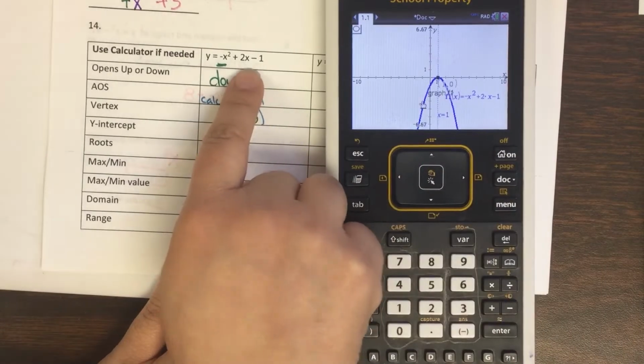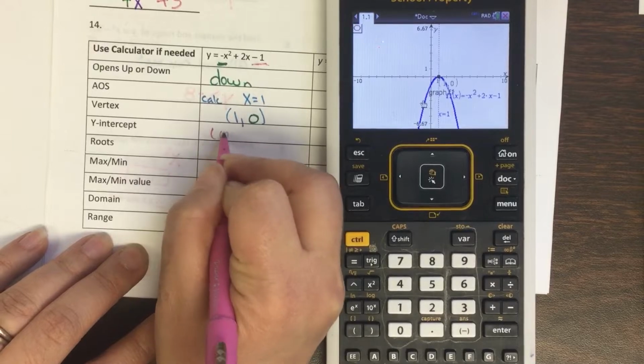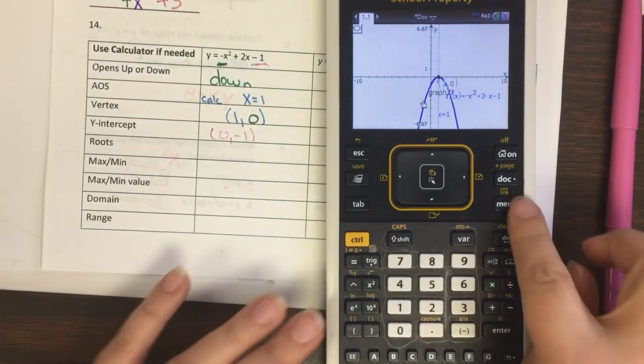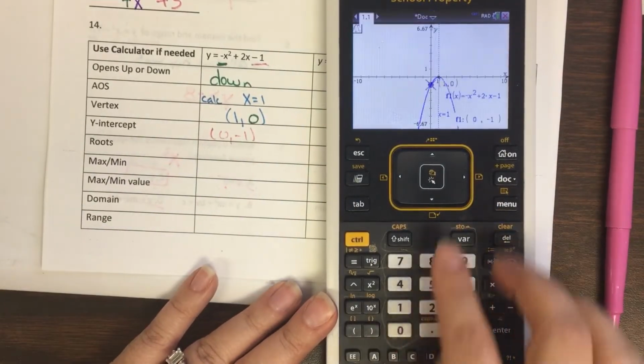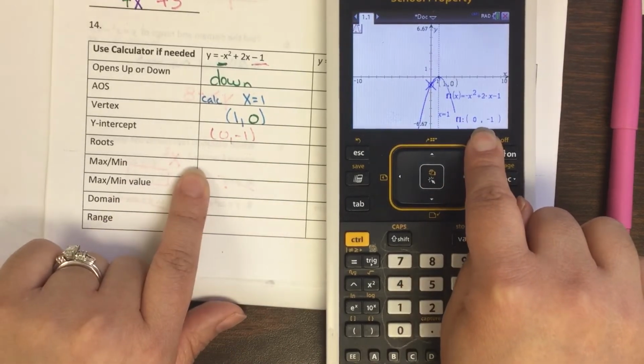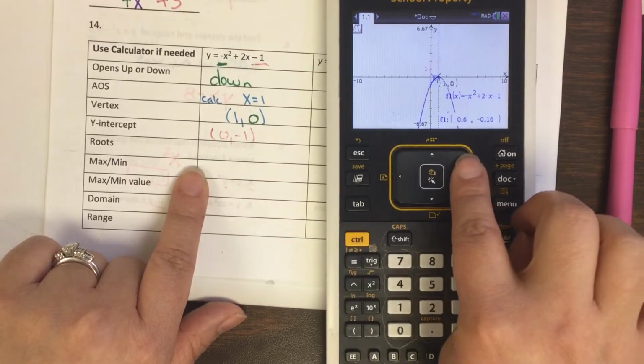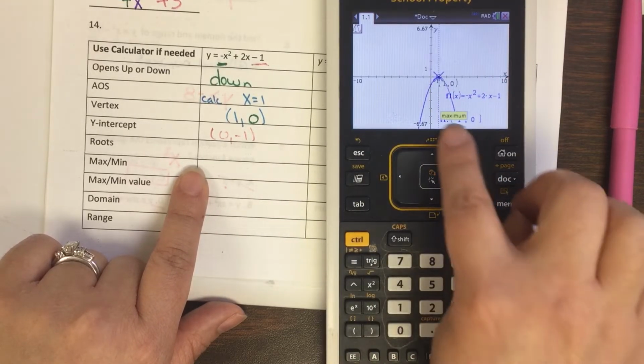Y-intercept, that is always going to be my C value here, that minus 1, so that would be 0, negative 1. Once again, you could trace menu 5, 1, and it automatically defaults to the y-intercept. My roots is where it crosses the x-axis. I can arrow over, and it will pop up.